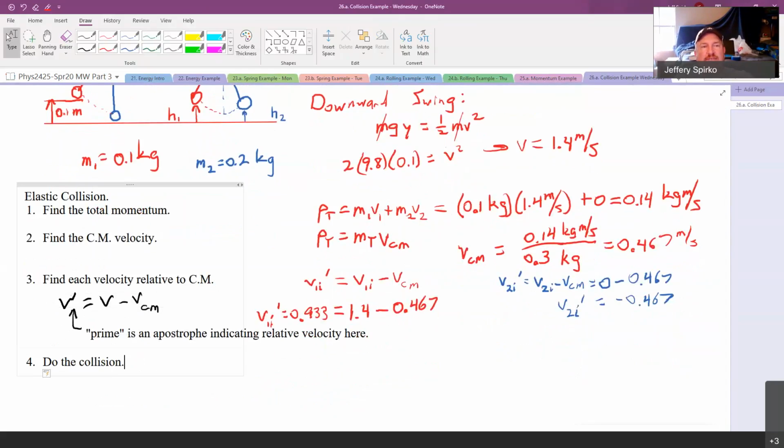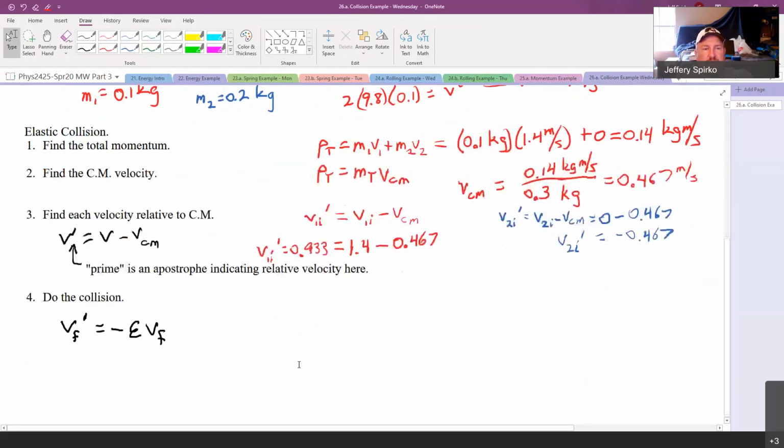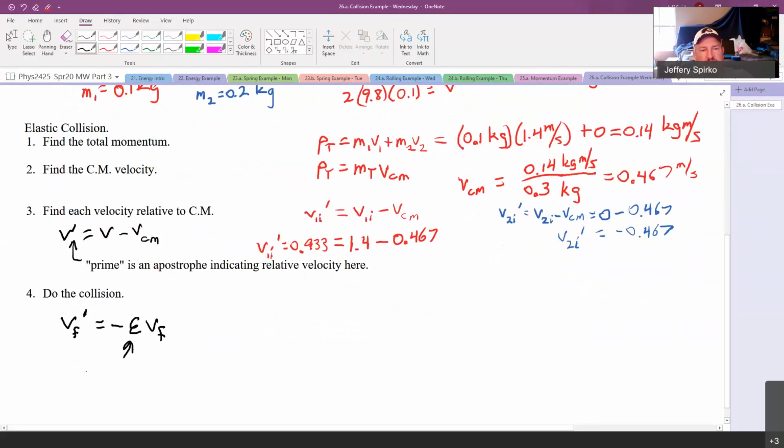In step 4, we have to do the collision. In the collision, we have v final prime equal to minus, I'm going to put a variable here, epsilon times v final. And that epsilon is the elasticity.